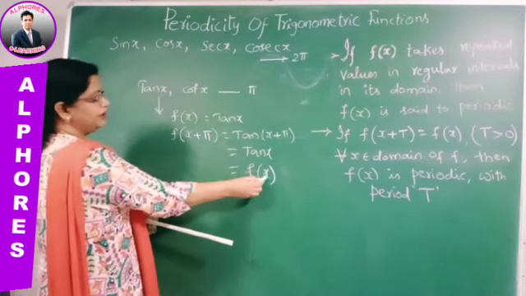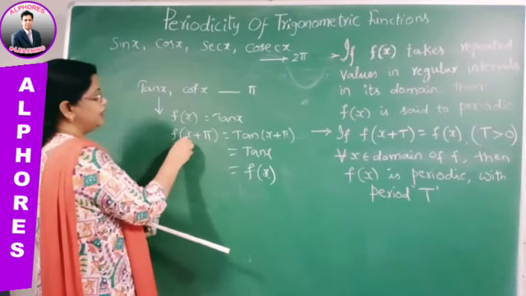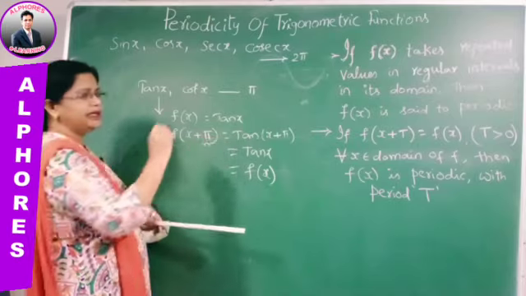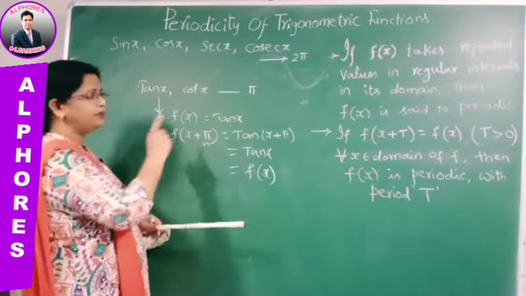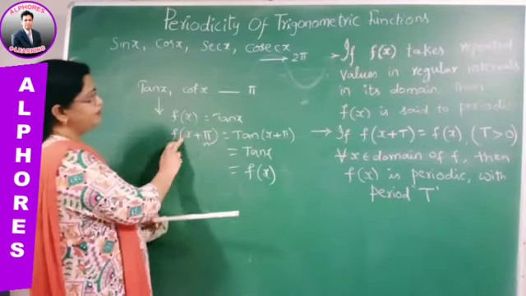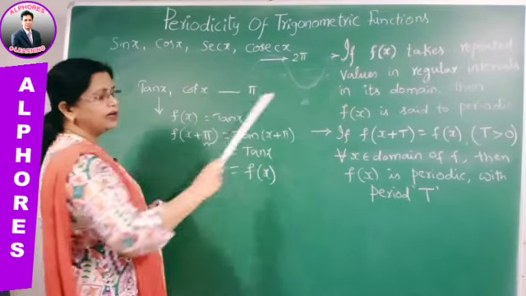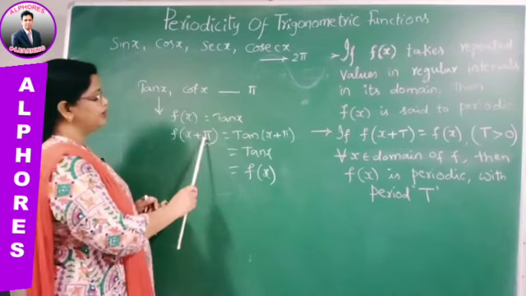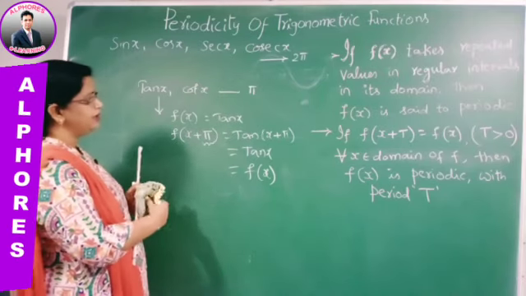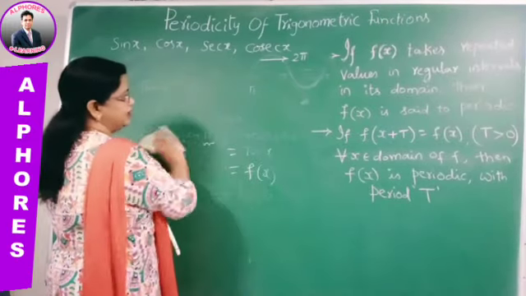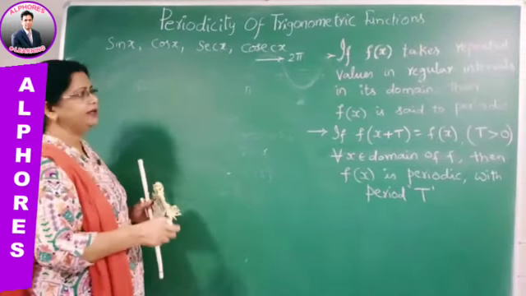So you got a value x here, and this is x plus pi, and hence what is the period here? It is pi, which is a real number, moreover positive. Therefore the period of tan function, mathematically by seeing this also, you got the value pi.